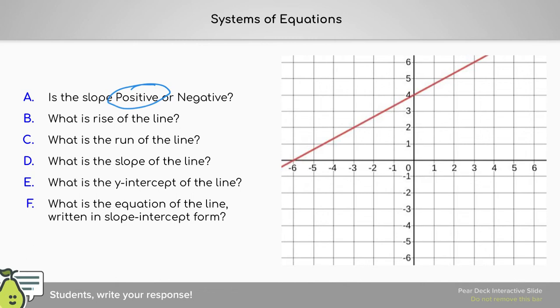So with the slope, we want to first find two perfect points. And perfect points are points that almost look like a bullseye, okay? Where the grid lines cross, we want to find a point that is directly in the middle of that, the bullseye point. So let's take a look at our line, and we can see we have a perfect point right here.